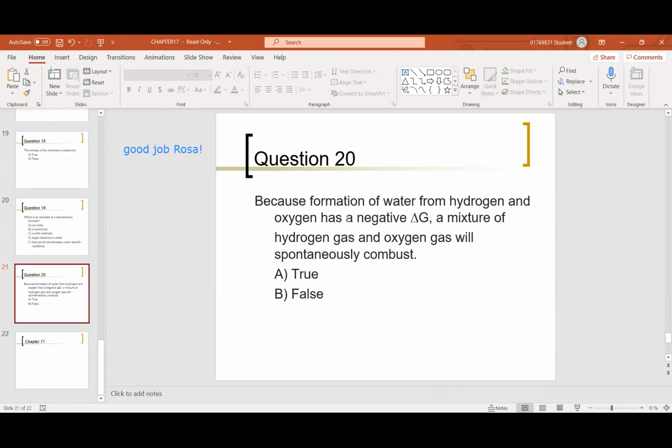Because the formation of water from hydrogen and oxygen has a negative delta G, a mixture of hydrogen gas and oxygen gas will spontaneously combust. Formation of water has a negative delta G, meaning it releases energy.